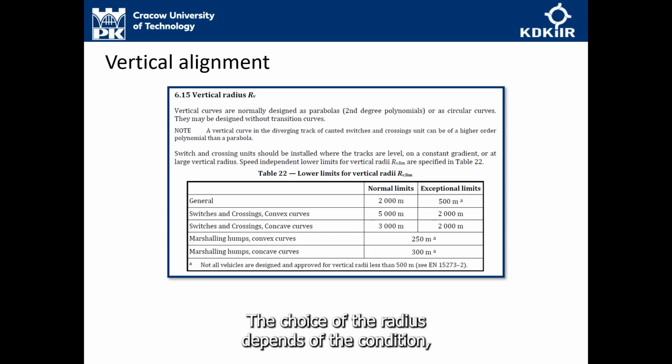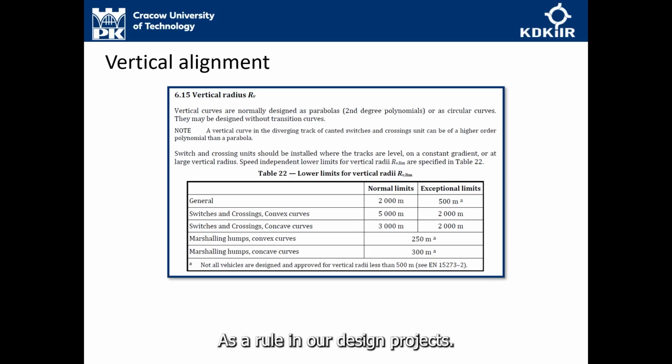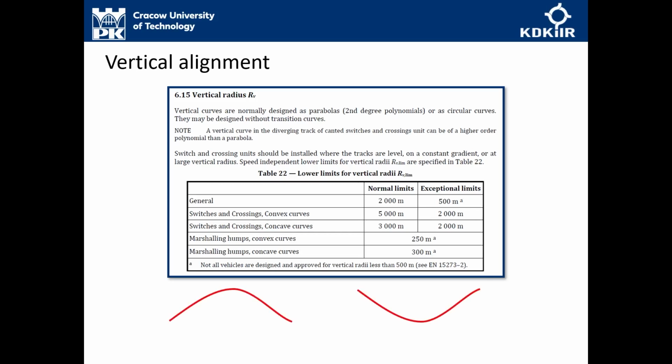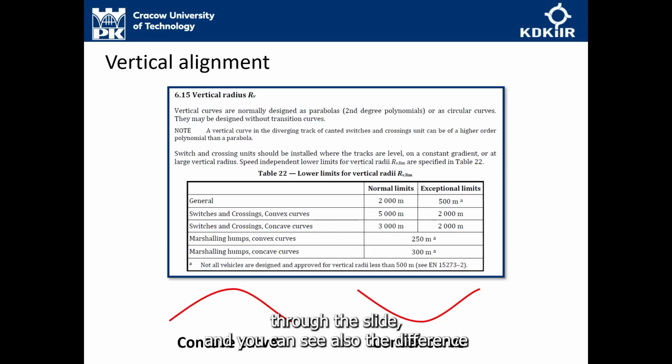The choice of the radius depends on the conditions you see here, as well as what kind of arc we have. As a rule, in our design projects, we will have circular arcs. It is also worth noting that some arcs are convex and concave. You can see both of them on the slide, and you can see also the difference between them.